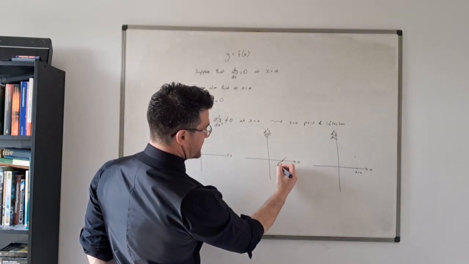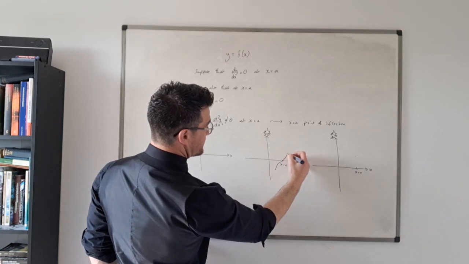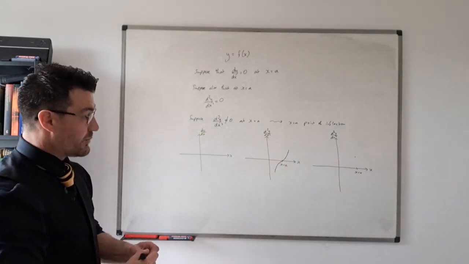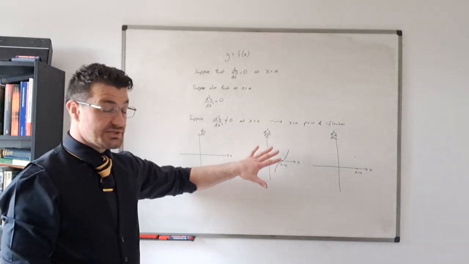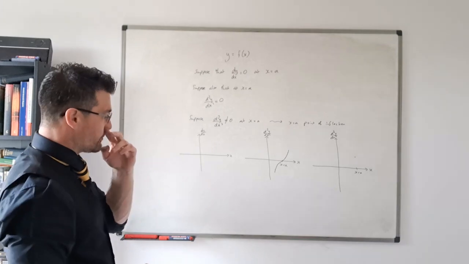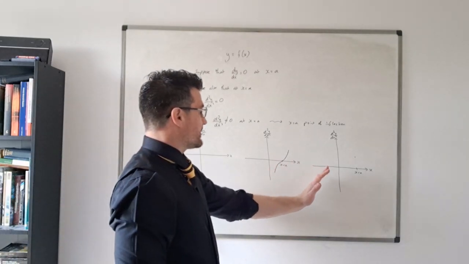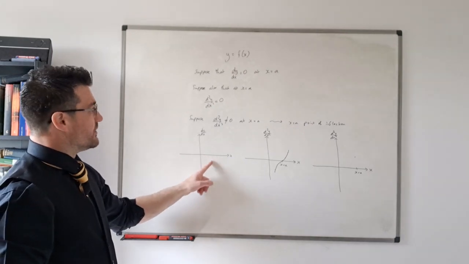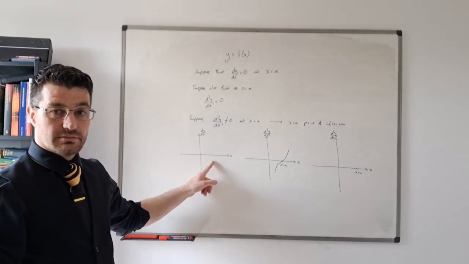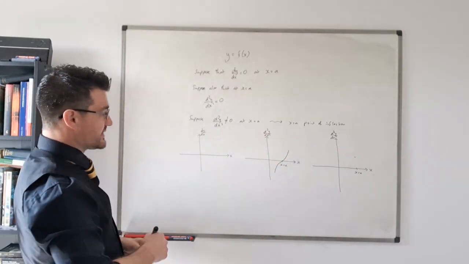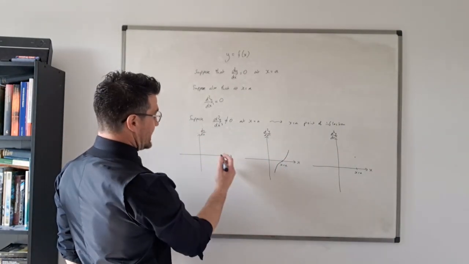So our second derivative is potentially going to look something like this. I'm not saying that it will look exactly like that, it's just representative of the kind of thing that we might see. But we also know that that corresponds to a minimum over here. Remember, we're thinking about this as a second derivative test on the first derivative. So we've got a minimum point at x equals a.